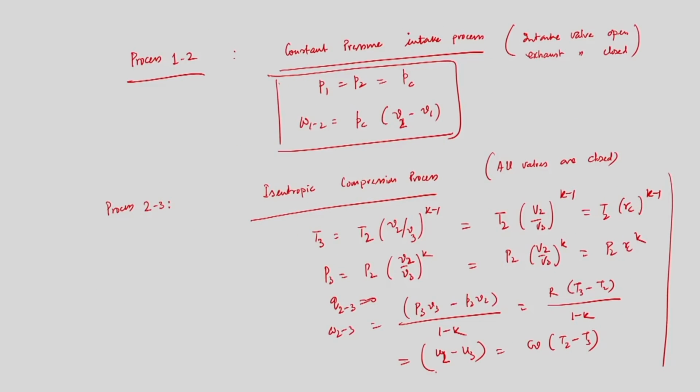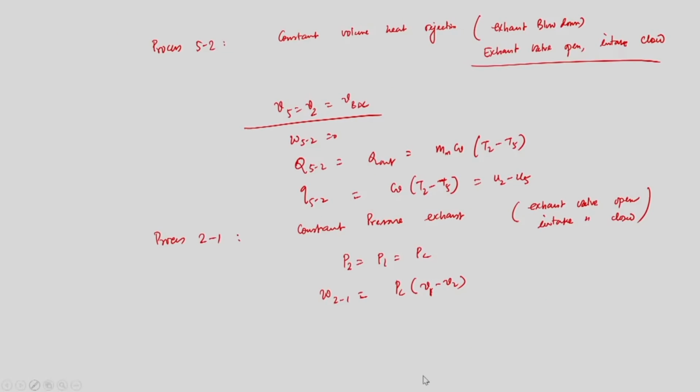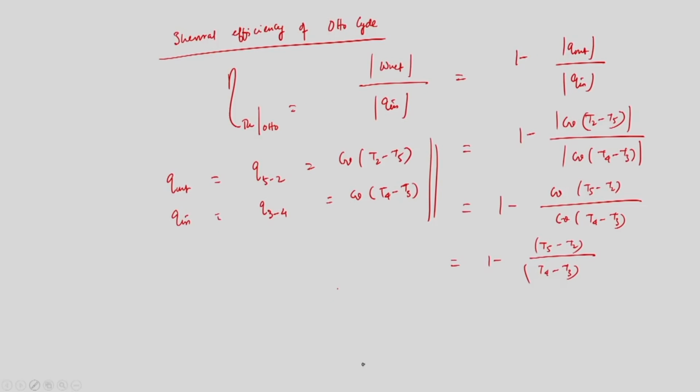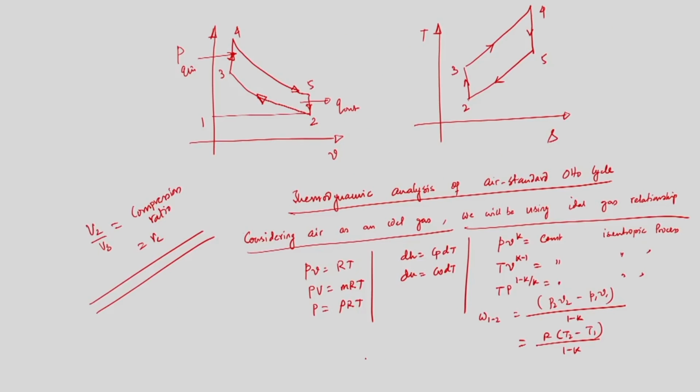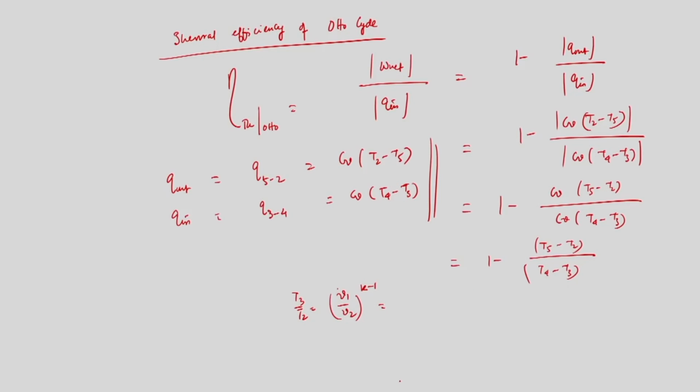So, what we can write is that T3 by T2 is equal to what? It is equal to V2 by V3 to the power K minus 1, sorry, I am writing.